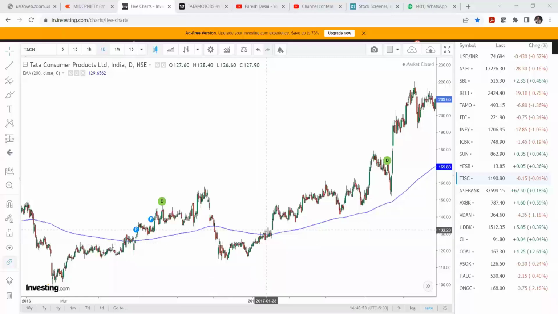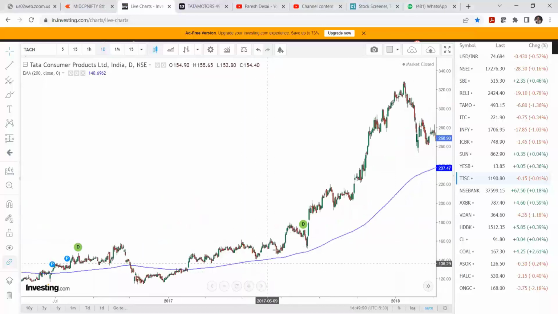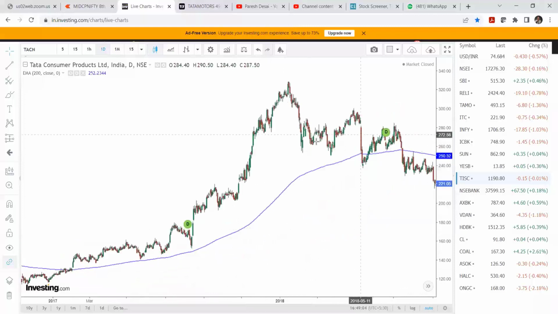Even this particular stock, Tata Consumer, from 2017, once it crossed above the 200 EMA, it has taken support. Once you get a sell signal, you can always sell at a higher price. But for entry criteria or support criteria, the 200-day EMA is taken as a very good indicator.